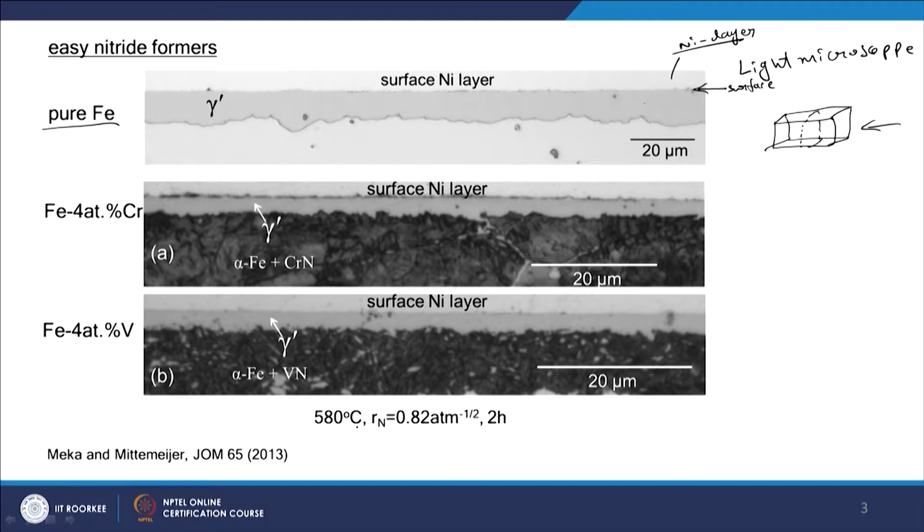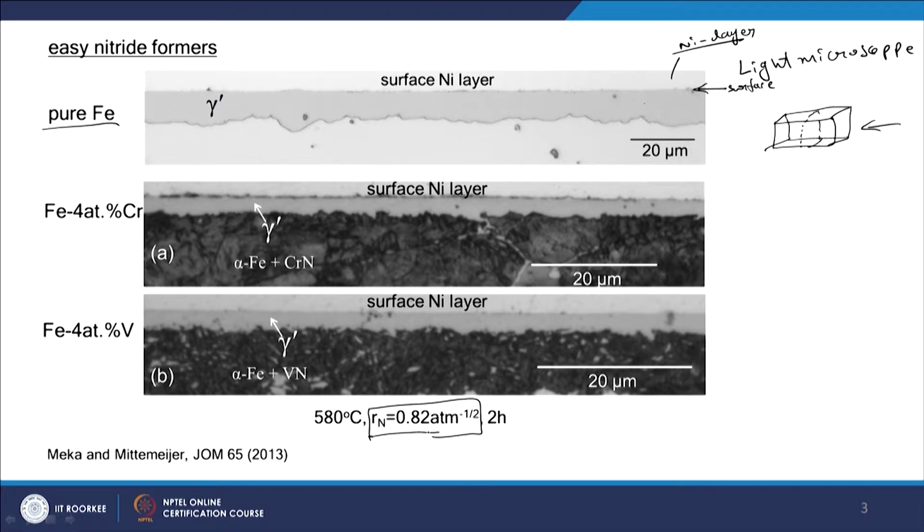In the case of pure iron, the topmost picture, you have growth of the iron nitride layer. This is the iron nitride layer gamma prime. If you look at the nitriding potential chosen, at 580 degrees and 0.82, in the Lehrer diagram, they fall into the gamma prime region.